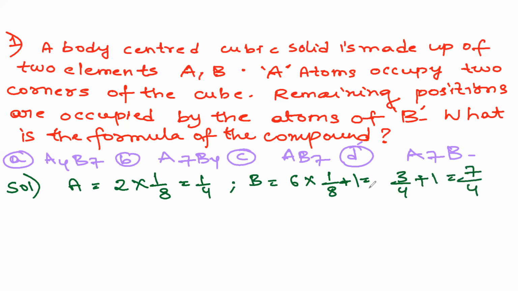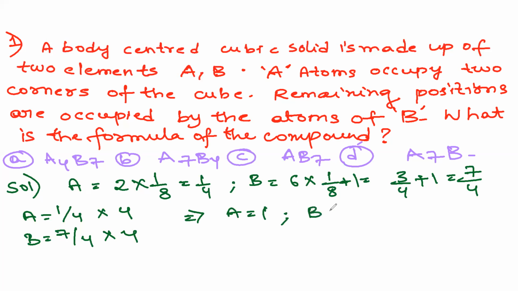So A is equal to 1 by 4 and B is equal to 7 by 4. Since we do not have fractions in a solid, we have to multiply by a suitable number. So multiplying by 4 on both sides, we get A is equal to 1 and B is equal to 7. So the answer is AB7, option C.